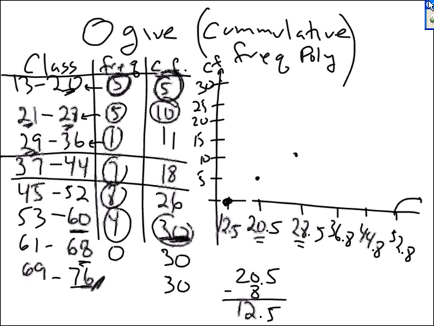These are all 0.5s. I'm adding 8, so I said 0.8, but of course everyone caught that. 36.5 is 11. It just went up 1, a little bit higher. 44.5 is 18. That was a bit of a jump. And 52.5 was 26.